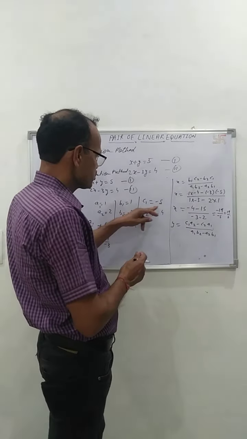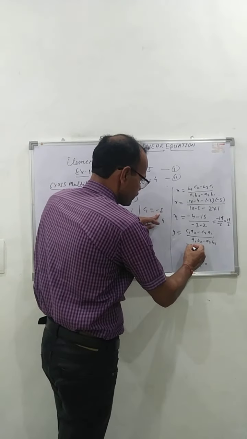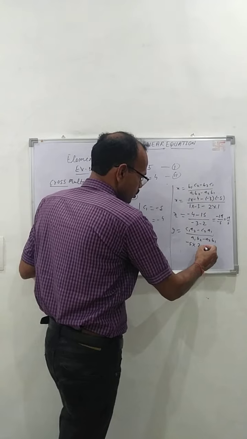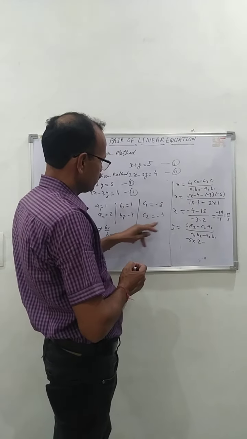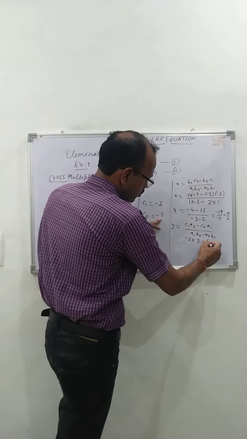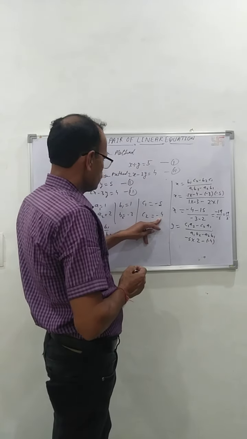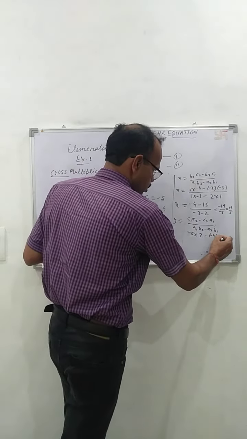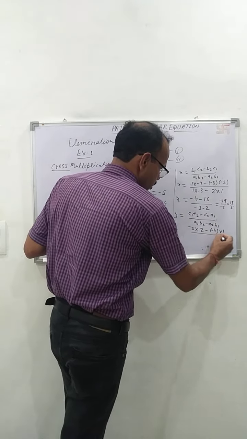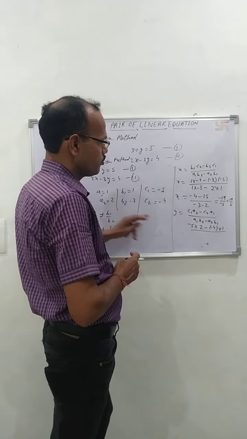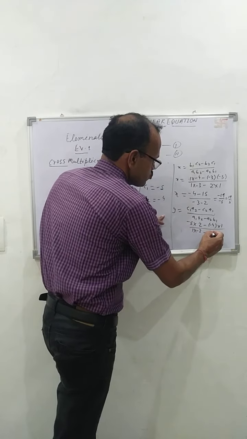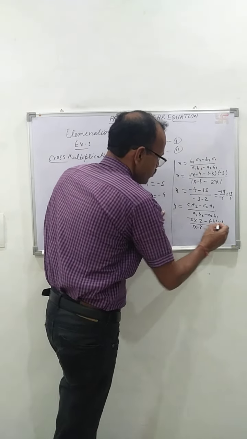On placing it, c1 is minus 5 into a2 which is 2, minus c2, that is minus 4, into a1, that is 1, whole divided by a1 b2, 1 into minus 3, minus a2 b1, 2 into 1.